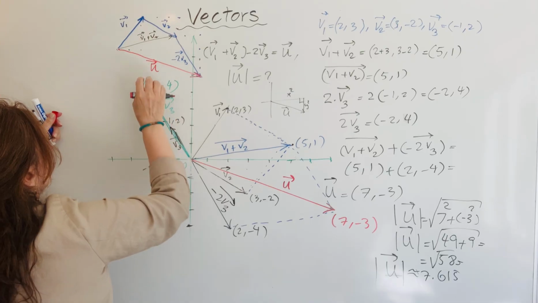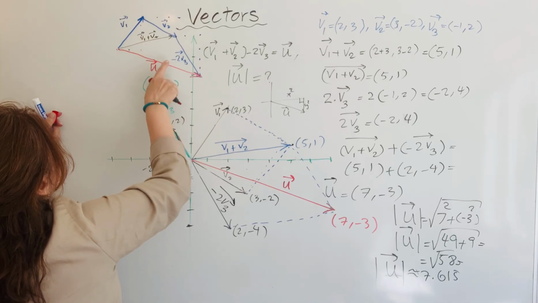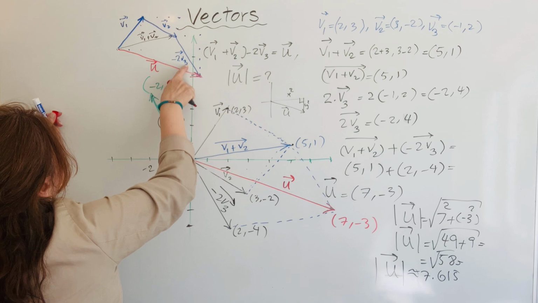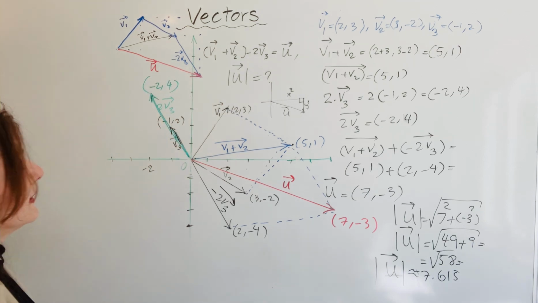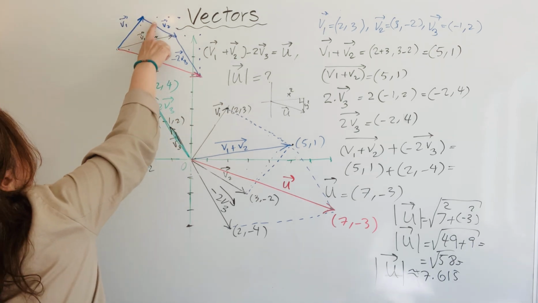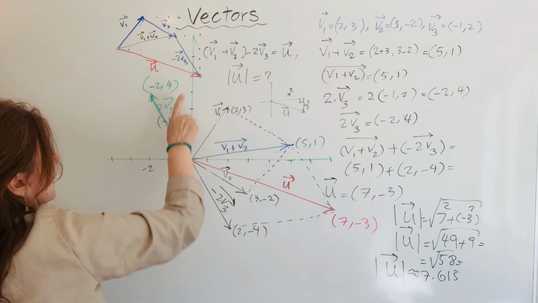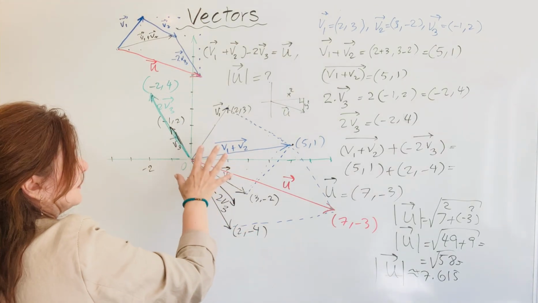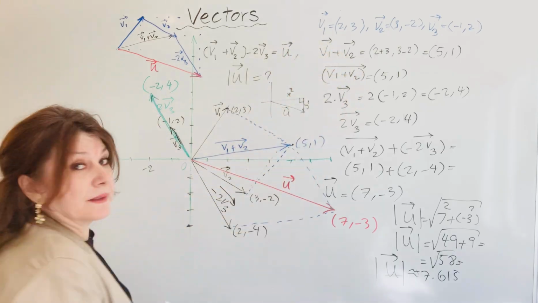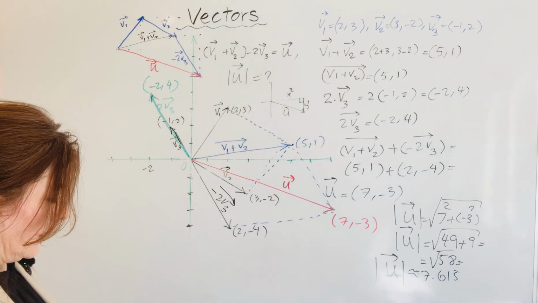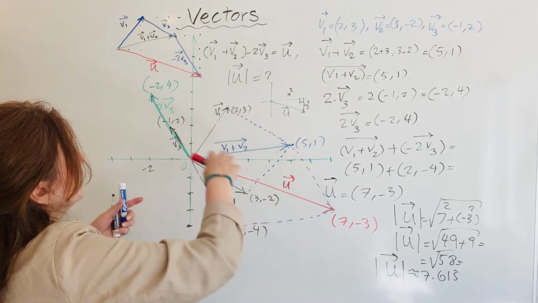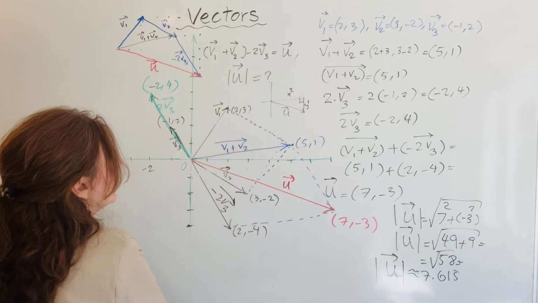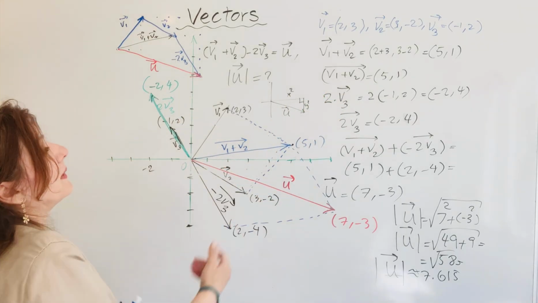This is U. U is V1 plus V2 plus negative 2V3, right? You can add in this form, or do it graphically, but be very careful, or algebraically. You can do everything with different methods, the same logic and the same answer.